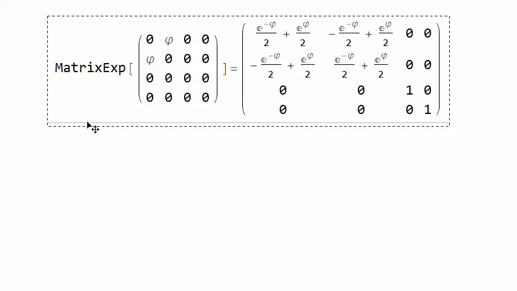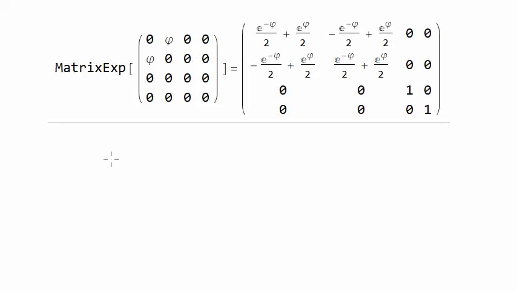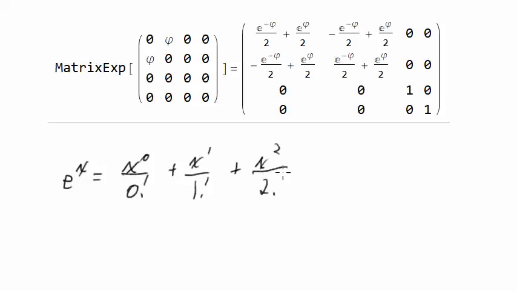Basically, it's as follows. I did just fix this part so that it has 0 and 0 here. But if you take the matrix exponent of this thing, what does that technically mean as an algorithm? You're going to take e to the x is equal to x to the 0 over 0 factorial plus x to the first over 1 factorial plus x squared over 2 factorial plus x cubed over 3 factorial plus, and then just continue on forever.